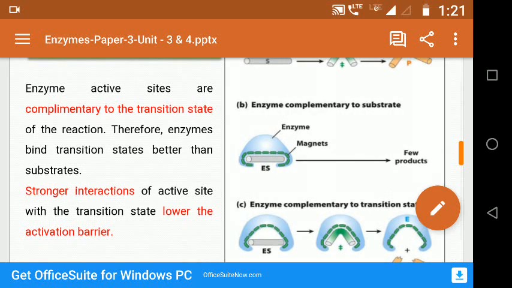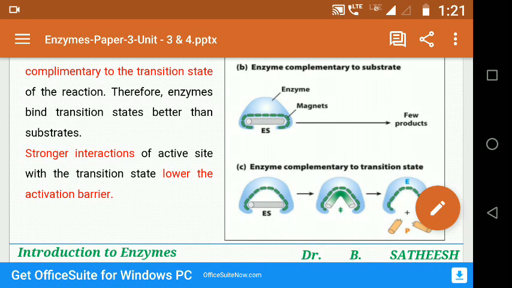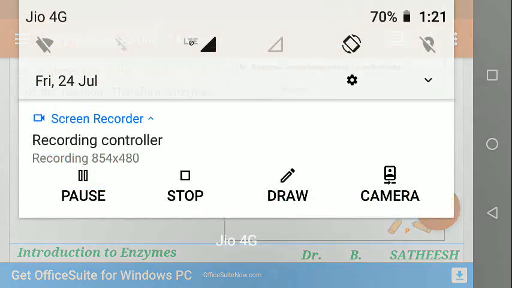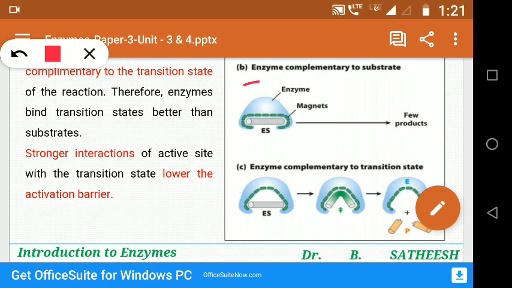If we look at these enzymatic reaction mechanisms, these models, suppose this B is similar to the lock and key model. In this model, the enzyme active site is completely rigid and it binds the substrate like a proper key fits into a lock.